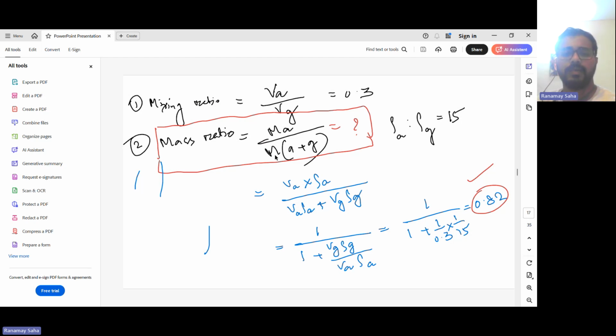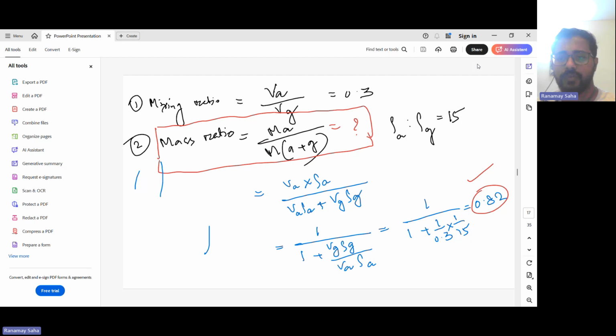So the numerator becomes volume times density of abrasives, and the denominator becomes the sum of the volume times density of abrasives and the volume times density of gases. Just reshuffle them to get 1 upon 1 plus Vg rho g upon Va rho a.